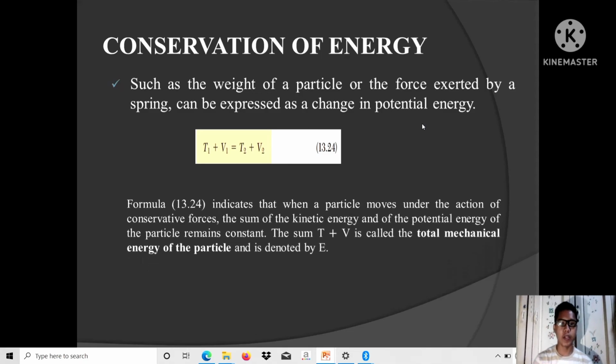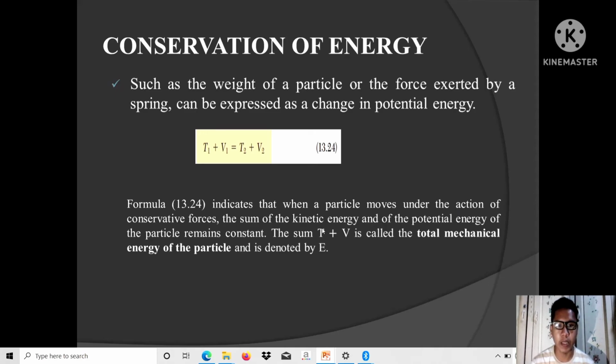This formula 13.24 indicates that when a particle moves under the action of conservative forces, the sum of the kinetic energy and the potential energy of the particle remains constant.